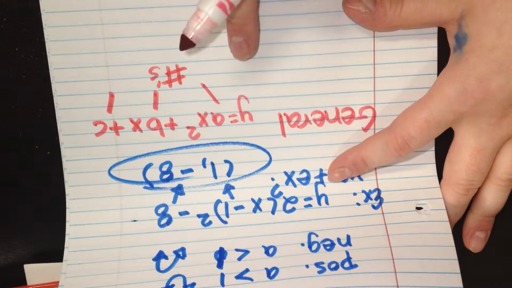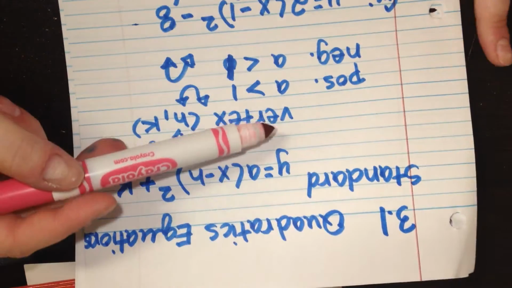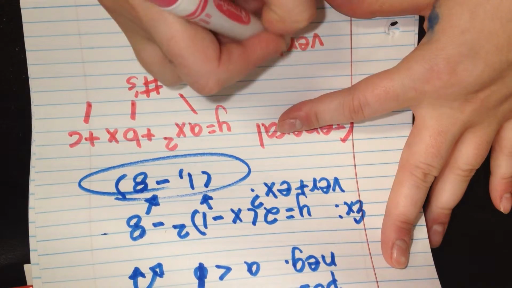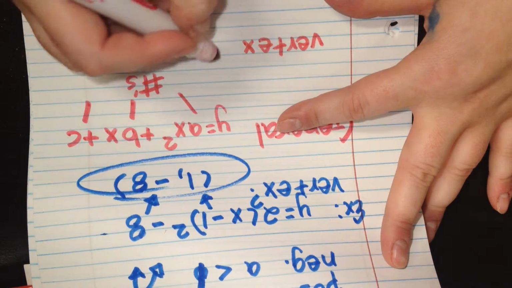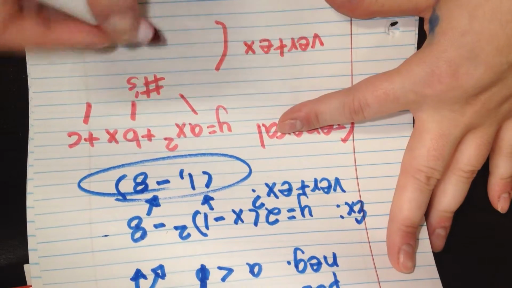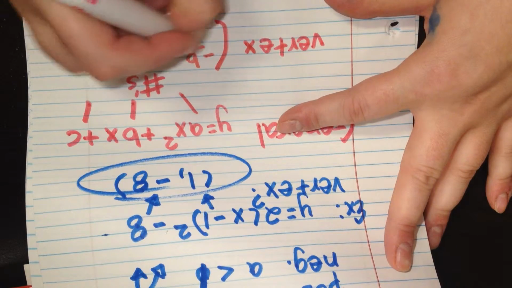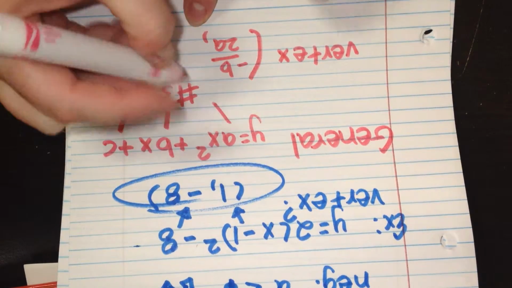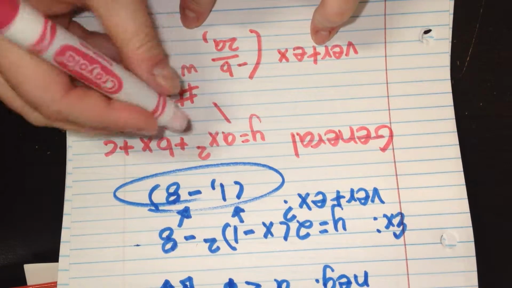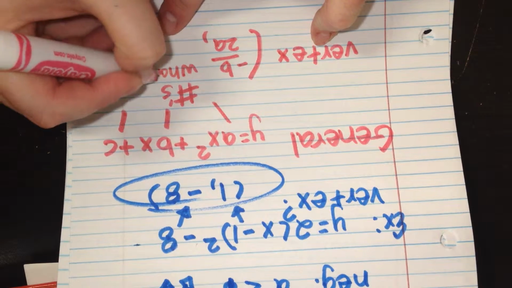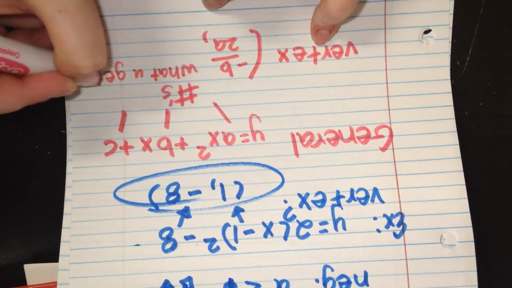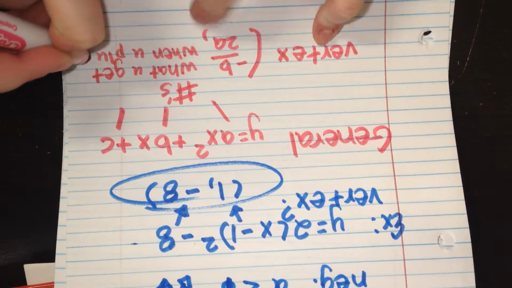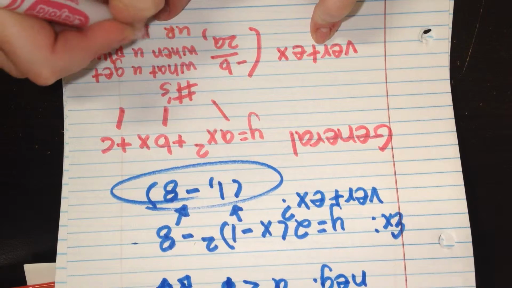Unfortunately, you can't just take the vertex out like you could in the standard form. For the vertex here, there's a bunch of math. The way to get the x value is negative b over 2a, and the y value is what you get when you plug your x in.